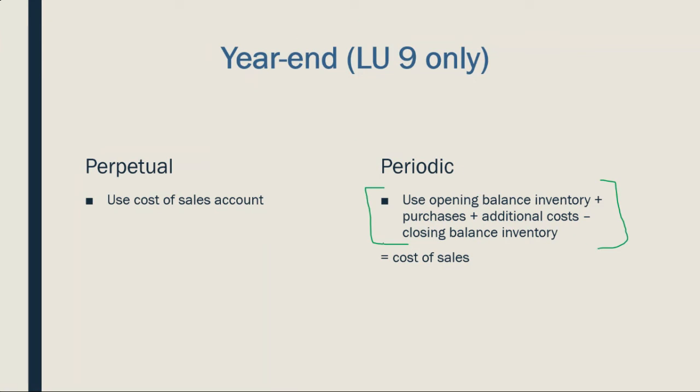Because for year end, we want to know what is the gross profit. Now, in order to know what the gross profit is, we first have to work out what is the cost of sales. So under the periodic inventory system, that means we first have to do a calculation to work out the cost of sales, because we do not have that account as we do in the perpetual inventory system.